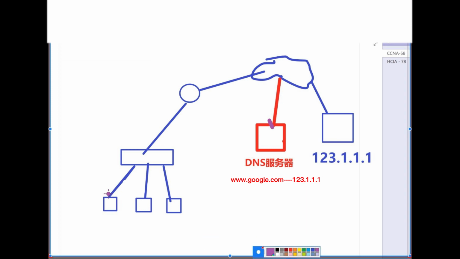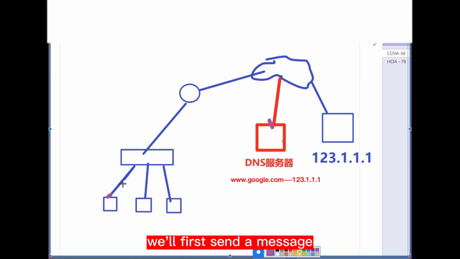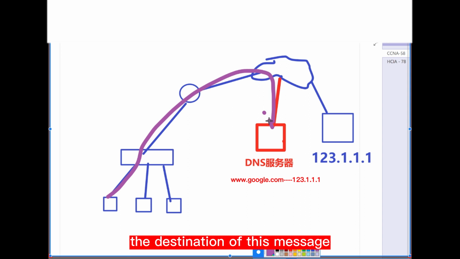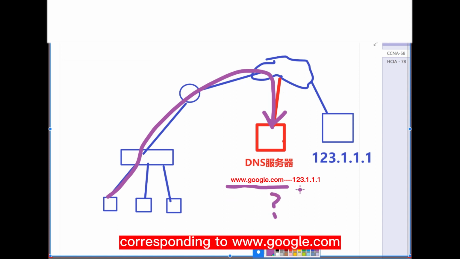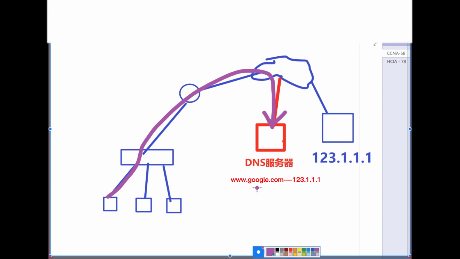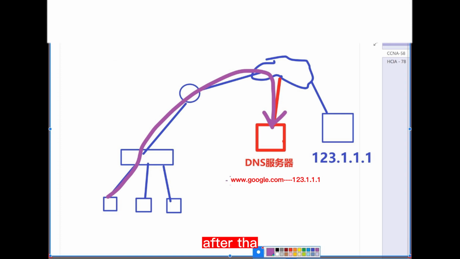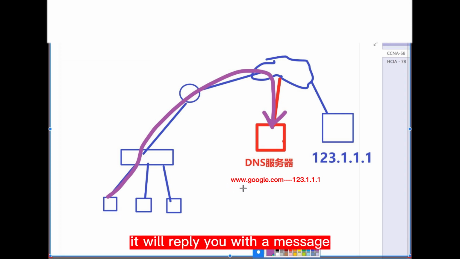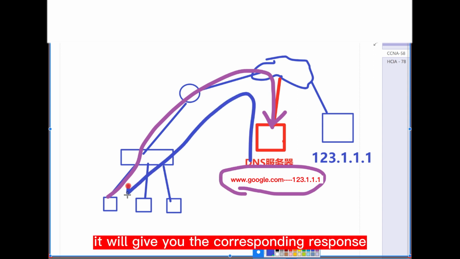Actually, before you access the Google server, we first send a message. The destination of this message is the DNS server you configured. The message content asks for the IP address corresponding to www.google.com. The DNS server receives the message and retrieves it locally. After that, it replies with the corresponding response.